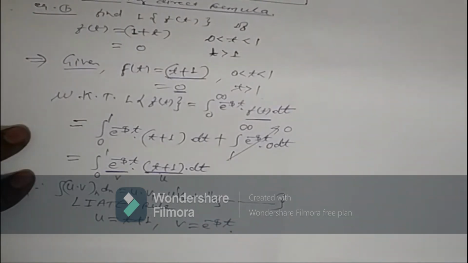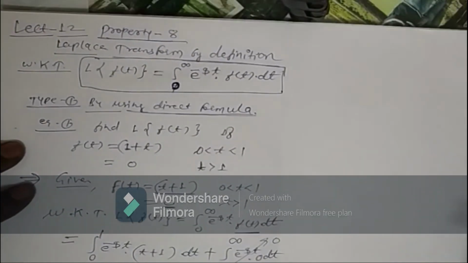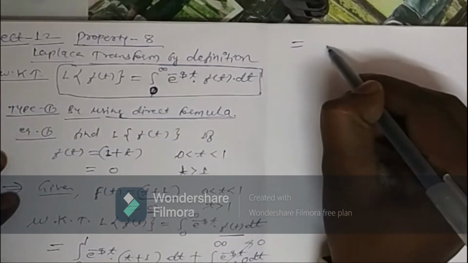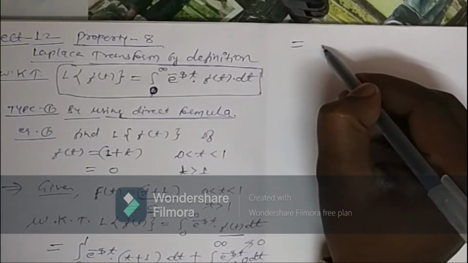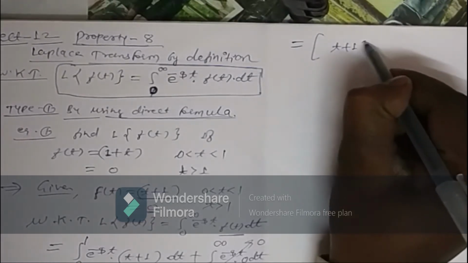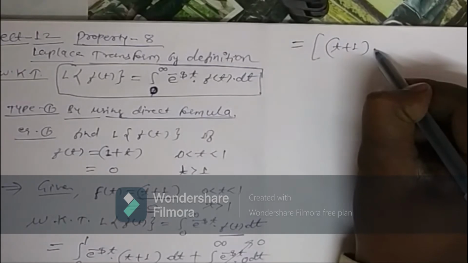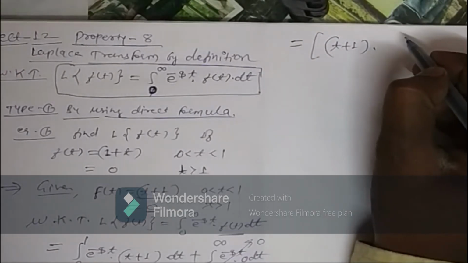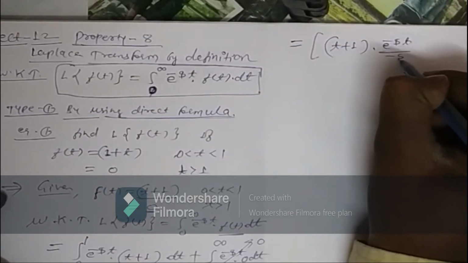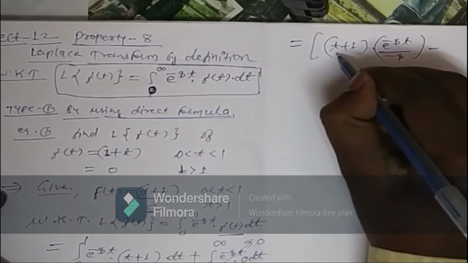Now put these values in this formula and find out the answer. What we get? That is equal to, u as it is, t plus 1 as it is, times integration of e raised to minus st. v1 means what? Integration of e raised to minus st, so that is e raised to minus st upon minus s, bracket close, minus derivative of this.